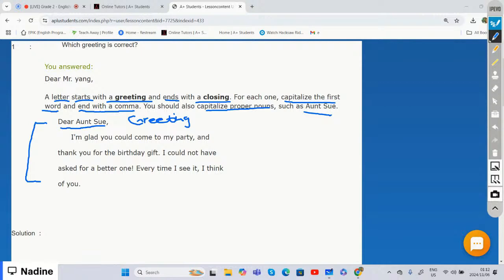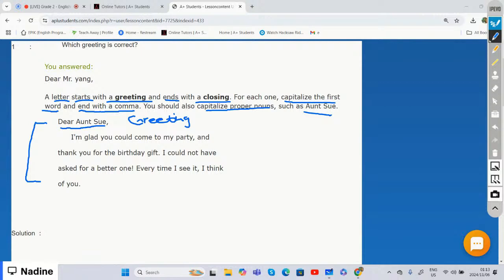And if we look at an example of our letter, we already have our greeting, which is Dear Aunt Sue. Now we're starting our letter. It says, I'm glad you could come to my party and thank you for the birthday gift. I could not have asked for a better one.